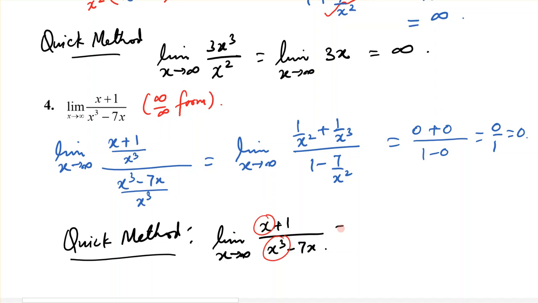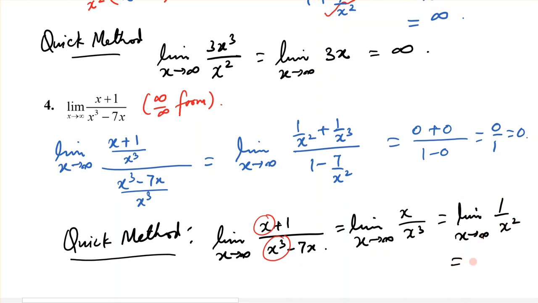So this is essentially finding the limit of x over x cubed. So we get the limit as x approaches infinity of 1 over x squared. 1 over infinity squared is 1 over a really big number, which is 0. So we got the same solution with the quick method as well.